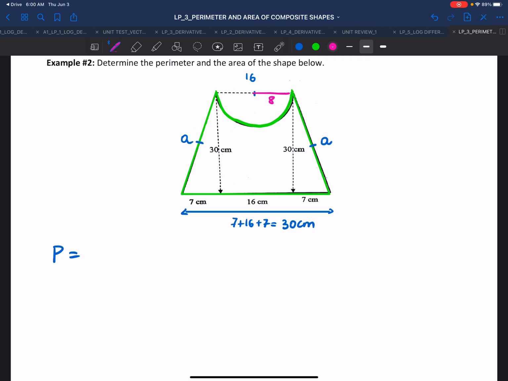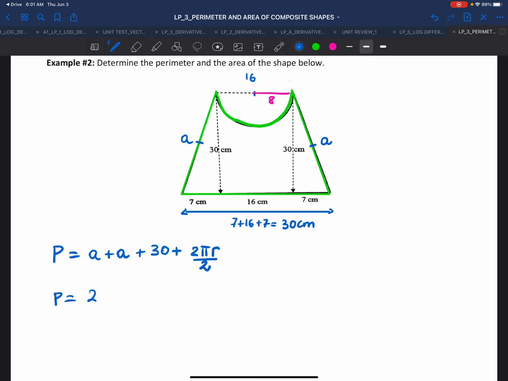So the perimeter then would be equal to 2a plus 30 plus, remember that here we have only half of the circle with radius 8. So the circumference of the circle would be 2 pi r, but then because we have half of it, divide by 2.